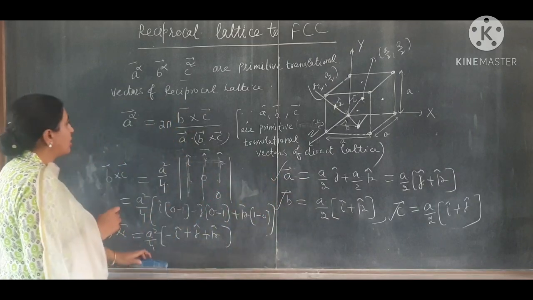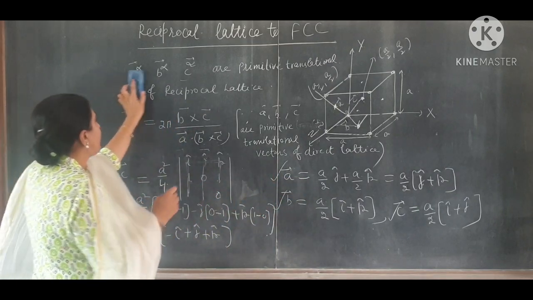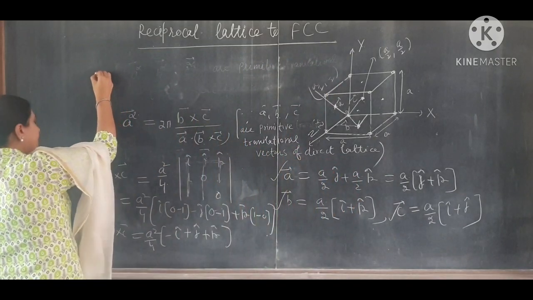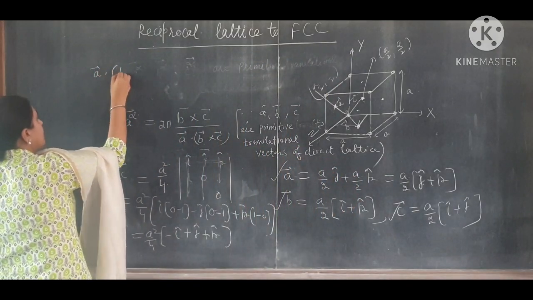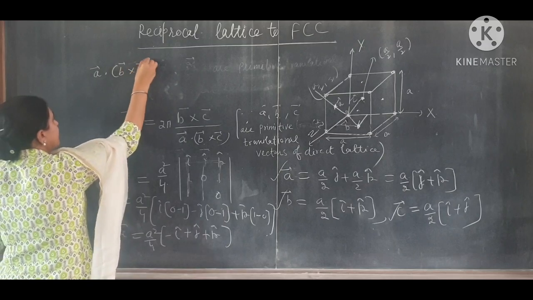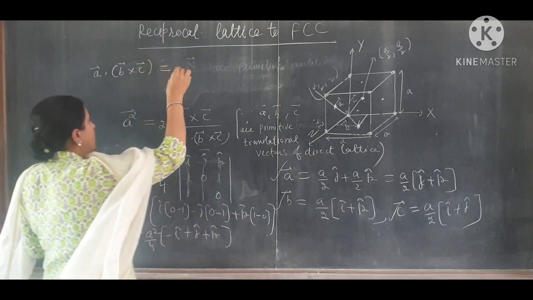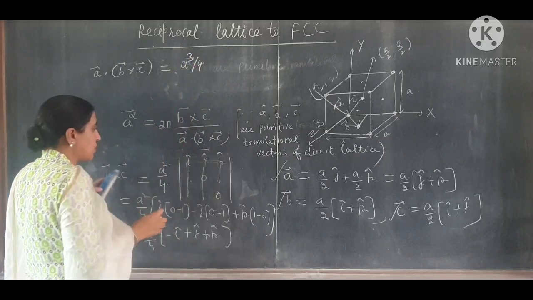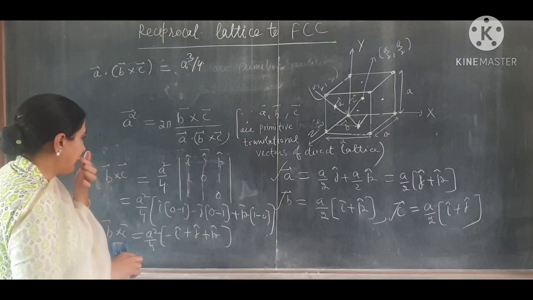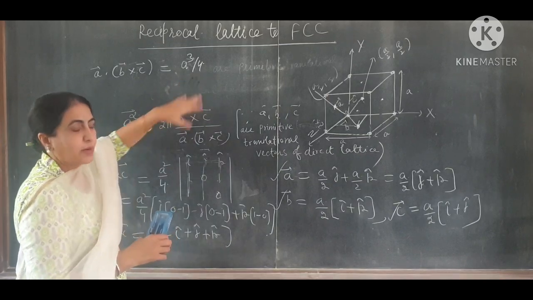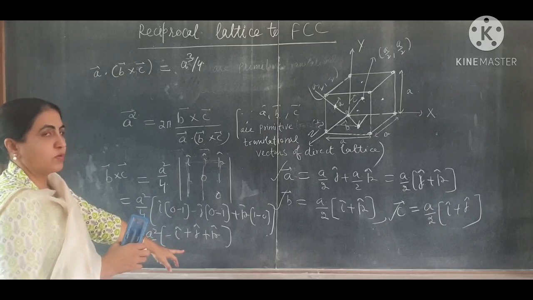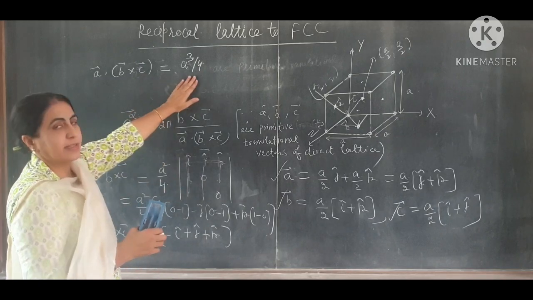When you put the value here, you will find out a vector dot b vector cross c vector is equal to a cube by 4. If you solve this putting a by 2 j plus k using the dot product, you will get this.